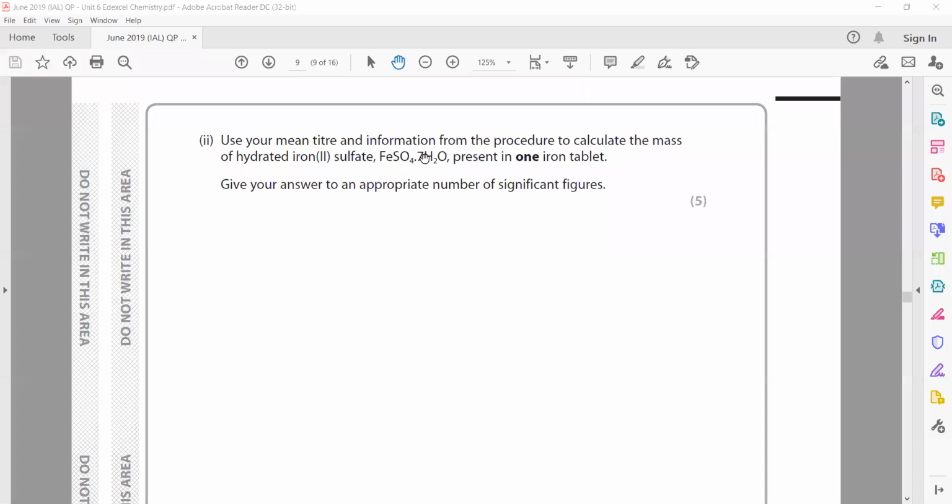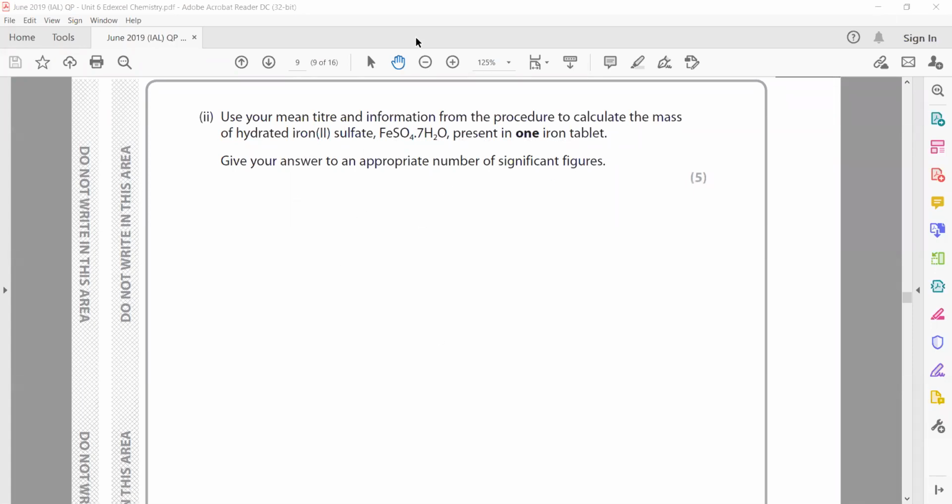Use your mean titer information. Calculate the mass of iron(II) sulfate present in one tablet. So first, using the concentration and volume, you will get the moles of potassium manganate. After getting the moles of potassium manganate, we will use the ratio between potassium manganate and iron(II), which is 1:5 according to the equation.